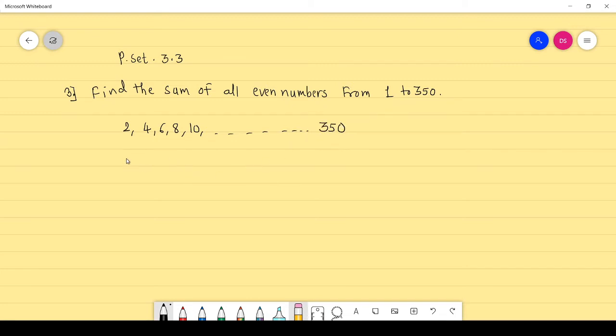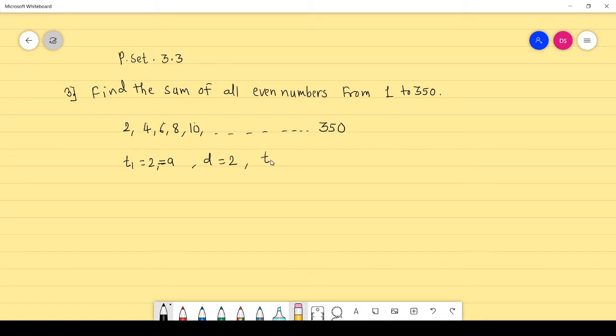So in this arithmetic progression, the first term is 2, which I'm going to denote by the letter a, and the common difference is equal to 2. Why is the common difference 2? Because 10 minus 8 is 2, 8 minus 6 is 2, 6 minus 4 is 2, and 4 minus 2 is also 2. So that's the reason the common difference is 2.